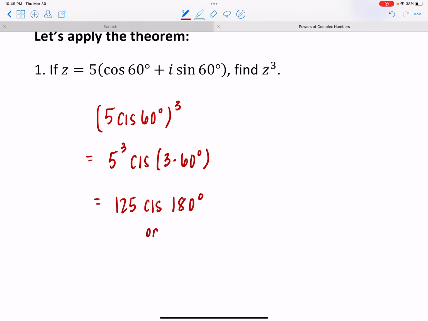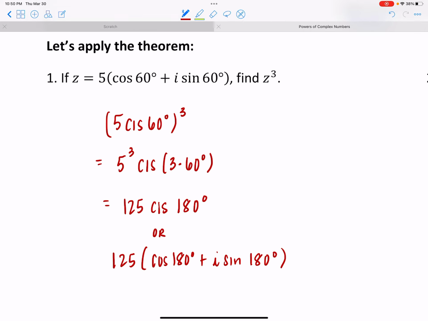Or if you wanted to have the expanded form, you have 125 and then cosine of 180 plus i times the sine of 180. And we've done it. So we don't have to do any fancy multiplying something by itself 3 times. Multiply our angle, raise our radius, our absolute value, to the power, and we're good to go.